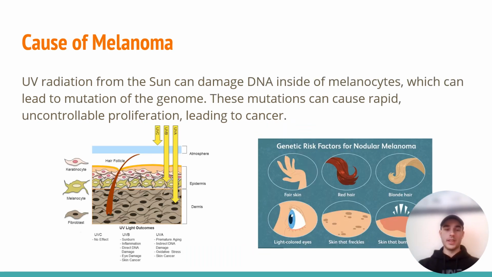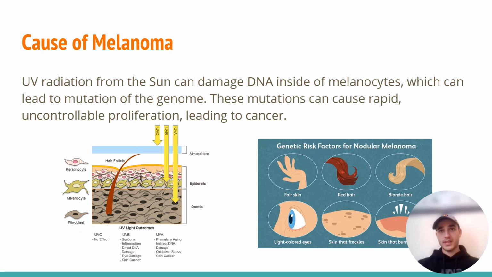Now we will look at the cause of melanoma, which happens to be UV radiation, which is a form of electromagnetic radiation from our sun. The main forms of UV that affect our skin are UVB and UVA. These are strong enough to penetrate into the epidermis and the dermis.